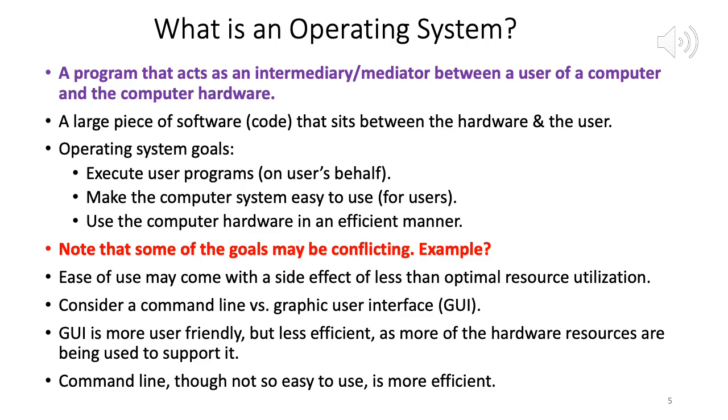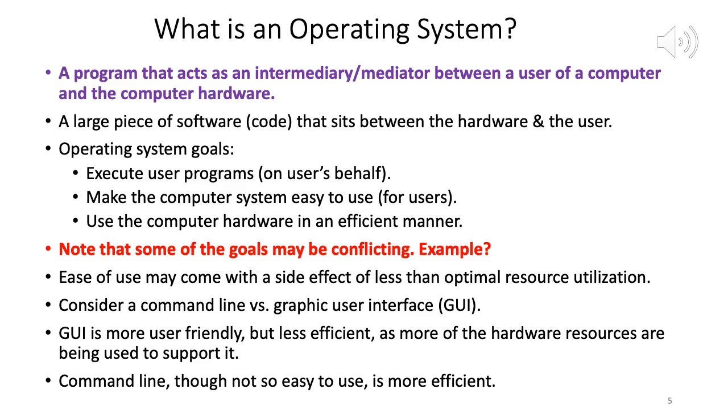So simply put, one way you can define an OS is a program that acts as an intermediary or mediator between a user of a computer and the computer hardware. At the lowest level, you've got the computer hardware, and what kind of components do we have in the hardware?